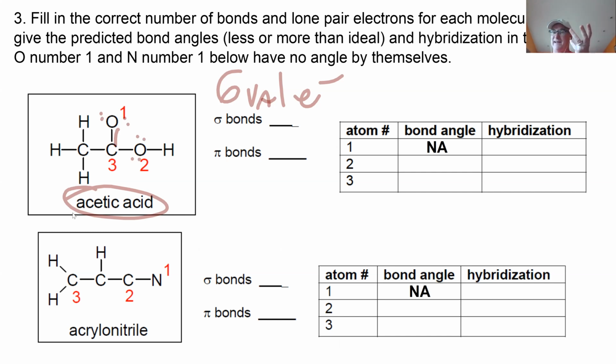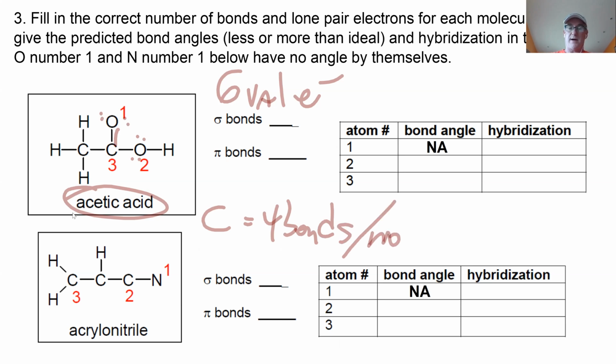So if you're wondering, how does he know that one is double bonded and that one isn't? Remember my take home rule: carbon, 4 bonds, no pairs. Nitrogen, 3 bonds, 1 pair. Oxygen, 2 bonds, 2 pairs. Fluorine, 3 pairs, 1 bond, almost all the time.